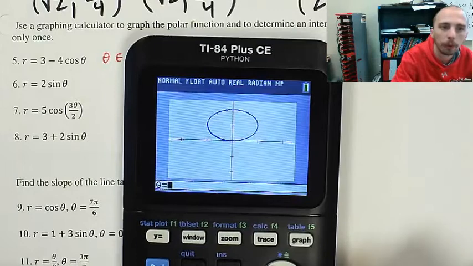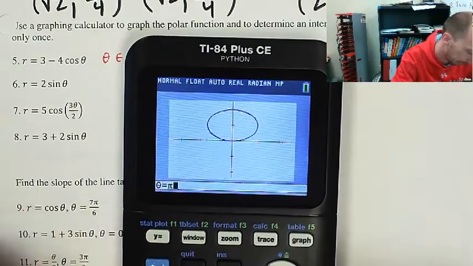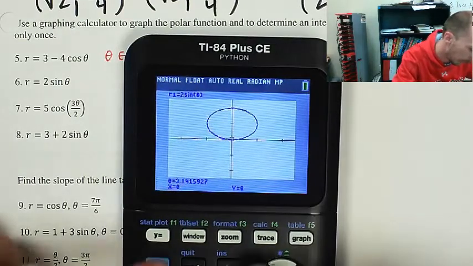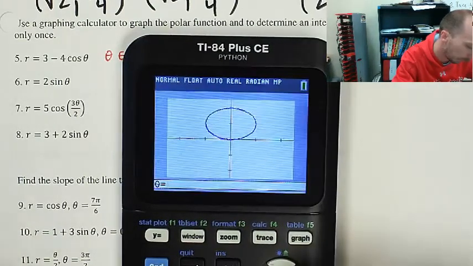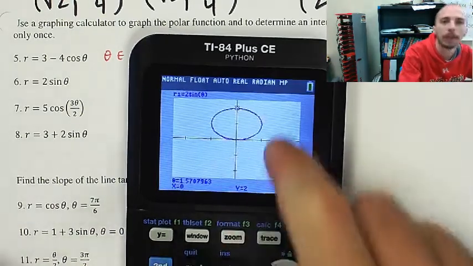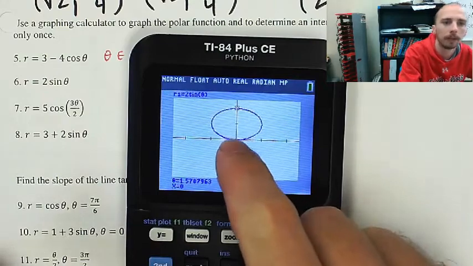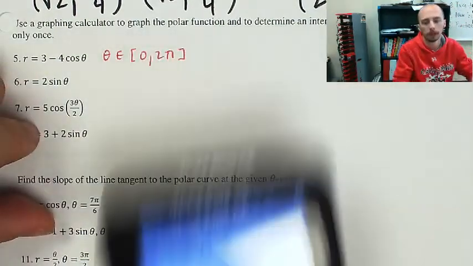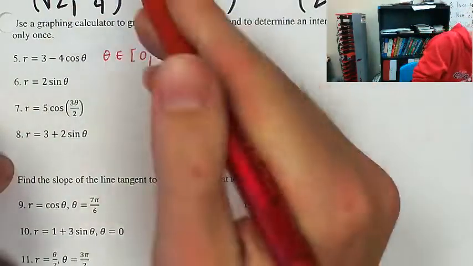I'm going to put in value, and I'm going to plug in pi. And then I get back to where I started. If I plugged in pi over 2, theta equals pi divided by 2, I'd be up at that point. So at 0, it started there. At pi, it's back here, but pi over 2, it's up there.